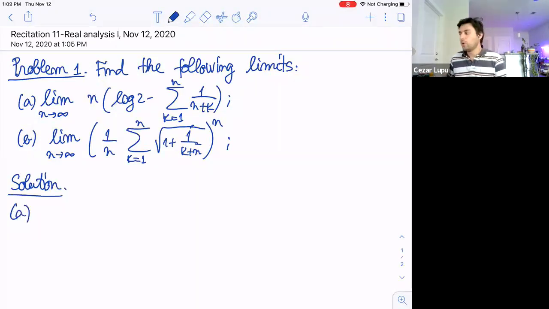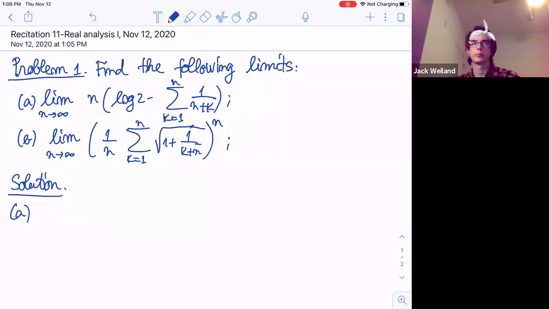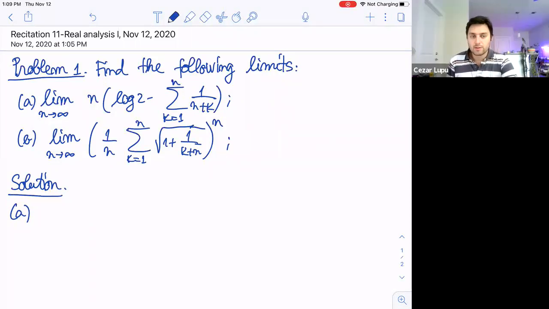Part A. Well, first of all, what kind of indeterminate form do we have? Infinity times 0, right? So maybe we could do something about it. Do you remember the so-called Cesàro-Stolz lemma? That was for the infinity over infinity case.